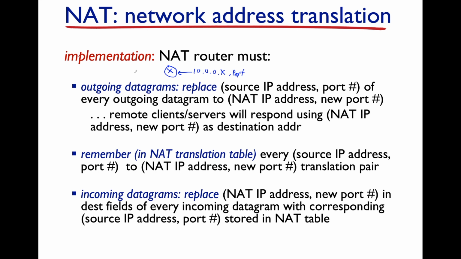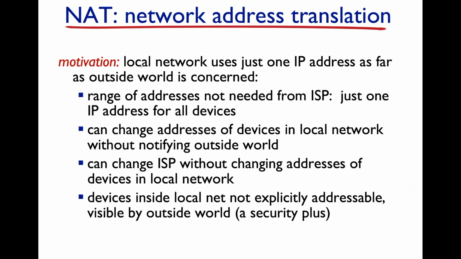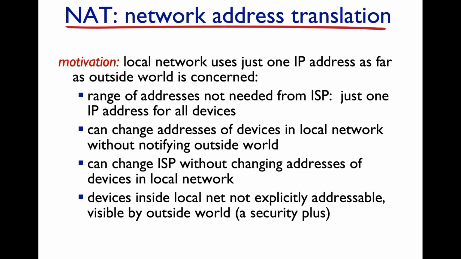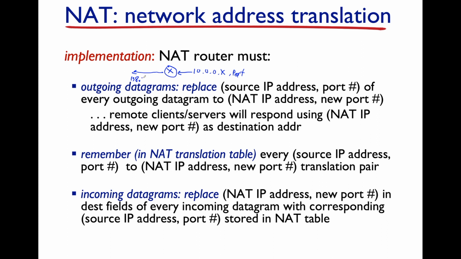So what happens is you now have to replace the IP address, and let me remind myself, 138.76.29.7. So when this datagram gets sent in the outbound direction from the private to the public, it's going to rewrite the IP address, replacing this 10.0.0.x with 138.76.29.7.